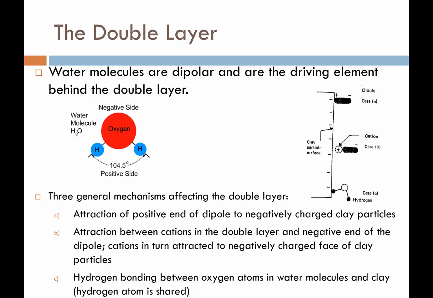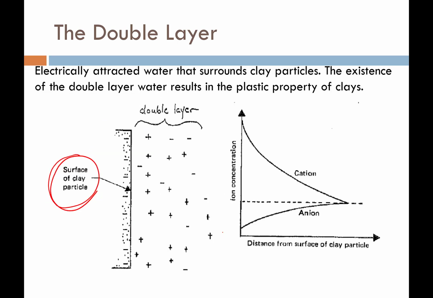If we look in and understand what's going on molecularly, what's causing those attractions, okay? If we want to look at the concentration of ions that are there versus the distance from the surface or the edge of that clay particle, look at this.